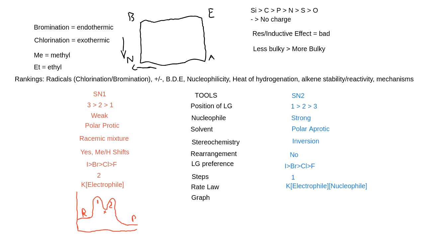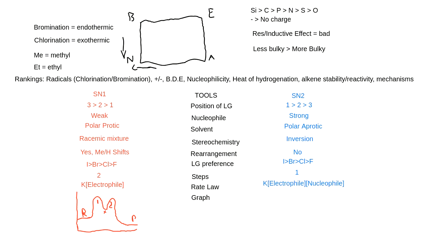You might get some questions regarding the rate of the reaction, and they'll ask you to compare different things. If I change the solvent, how does that affect it? If I change the nucleophile from weak to strong, or change the position of the leaving group, stuff like that. If you change anything with the nucleophile, SN2 is going to be affected.